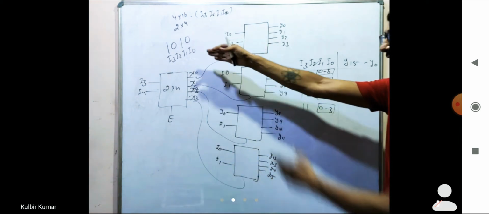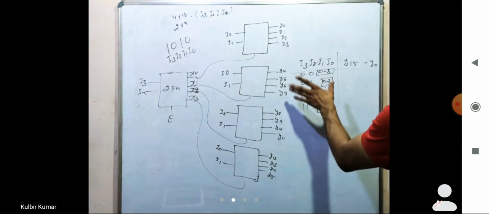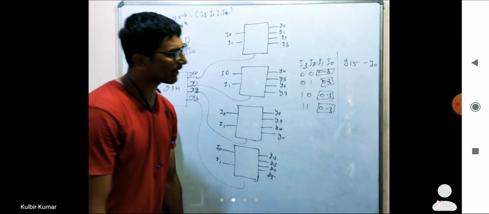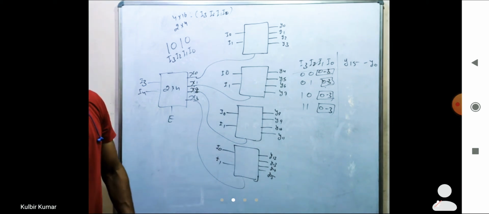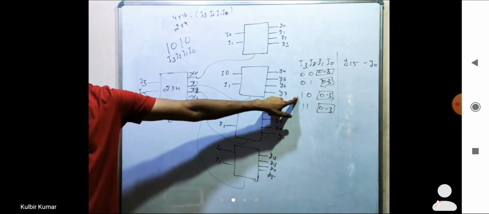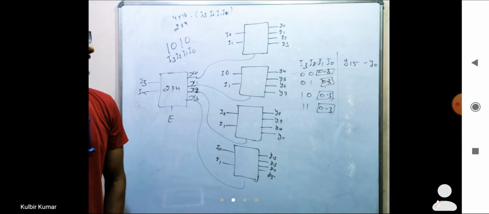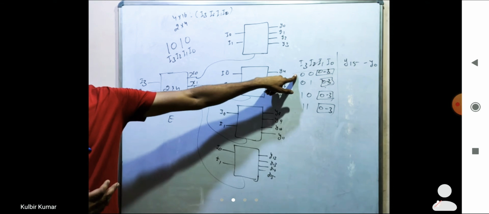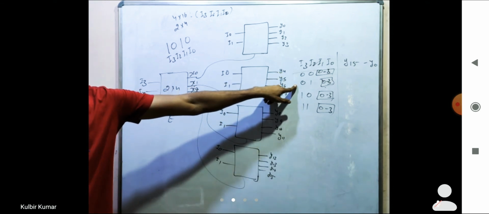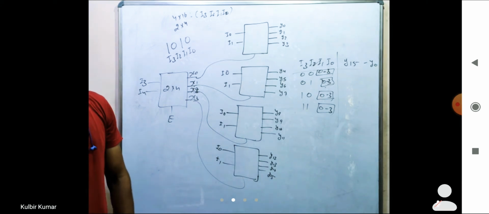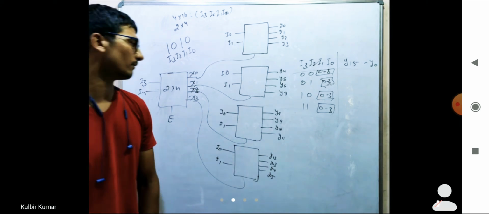And how I got this idea, that is, how to implement this, you can have a look at this truth table. In the truth table there will be a total of 4 inputs I0, I1, I2 and I3 and a total of 16 outputs Y0 to Y15. First of all, the value of I2 and I3 can be 0 0, 0 1, 1 0 and 1 1. When I3 and I2 have value 0 0, then I0 and I1 form a total of 4 combinations: 0 0, 0 1, 1 0 and 1 1.